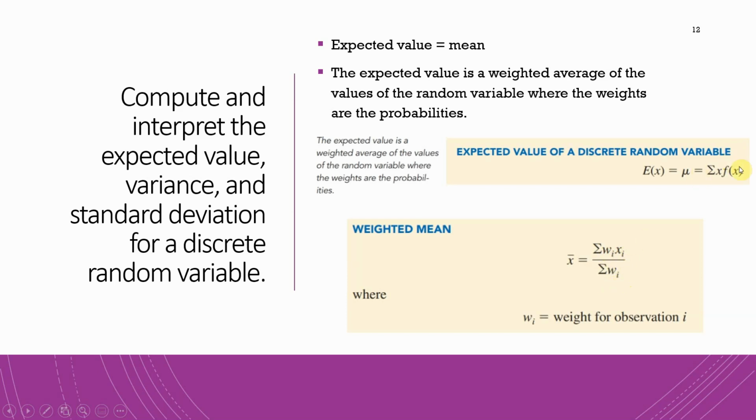So that's actually what's happening in this equation. Up here, you're taking your values of x and multiplying them by the weights. But remember, the weights are the probabilities. So f of x, that's the probability. That's all you're doing. You're taking your values of x for the random variable, multiplying them by the weights, which are the probabilities, and then summing them together. You might be thinking, well, you're missing a part. Why aren't you dividing by the sum of the weights?